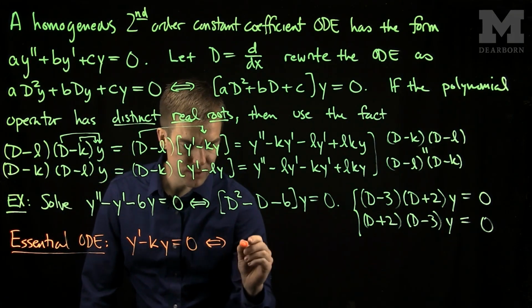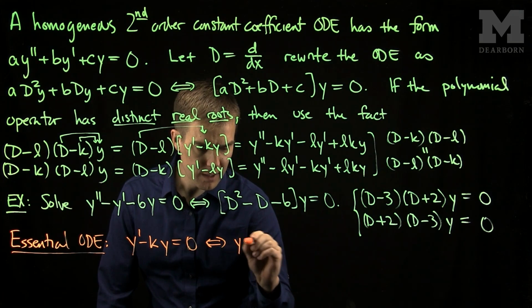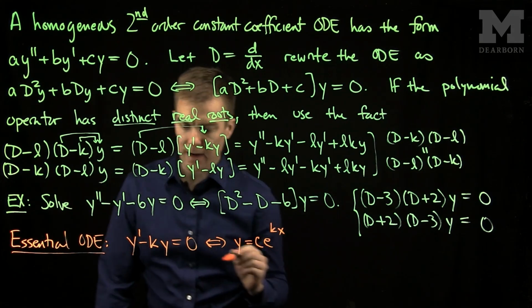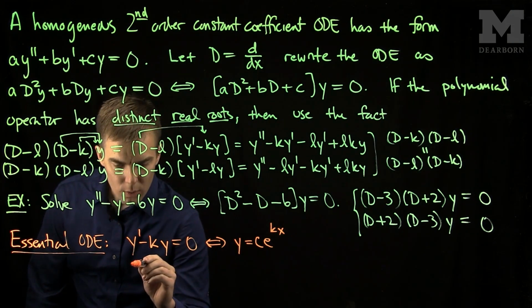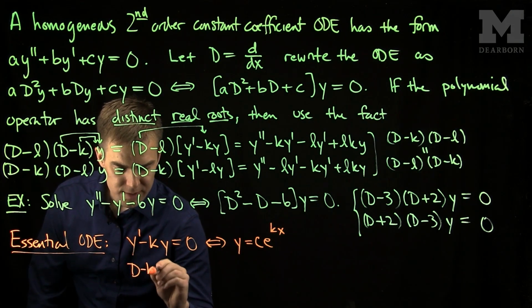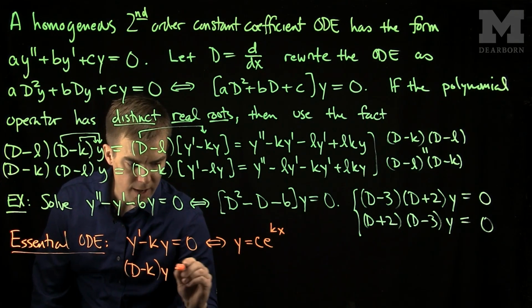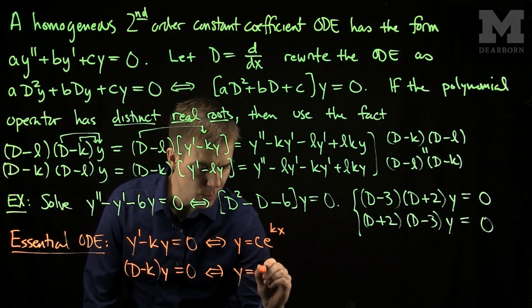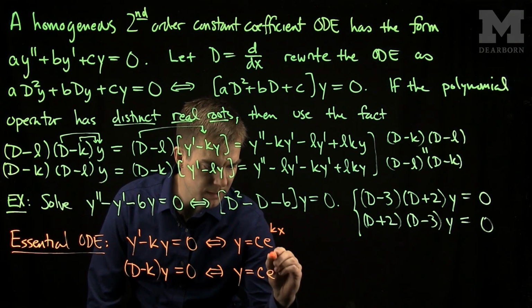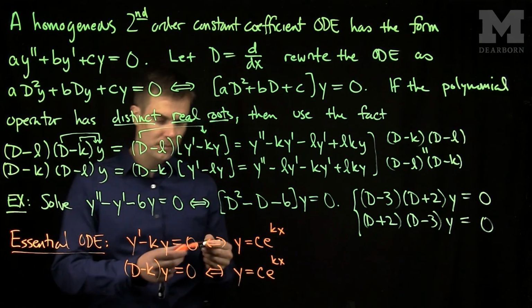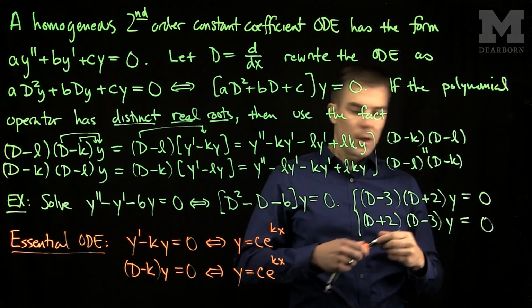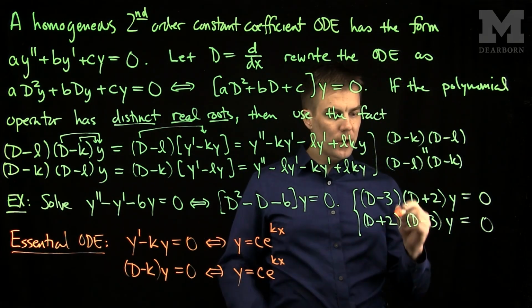This ODE has the solution y equals a constant c e to the k x, which we can now write in our notation as D minus k applied to y equals 0 is equivalent to y equals c e to the k x. Returning to our problem, we can now solve by using our essential ODE trick.